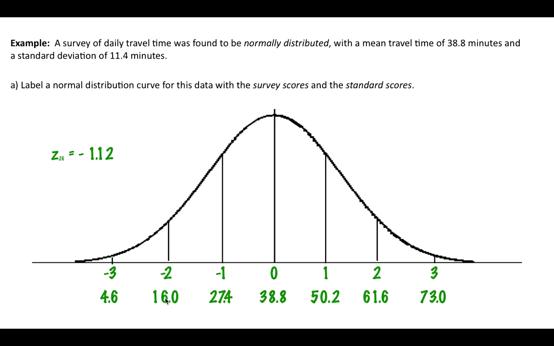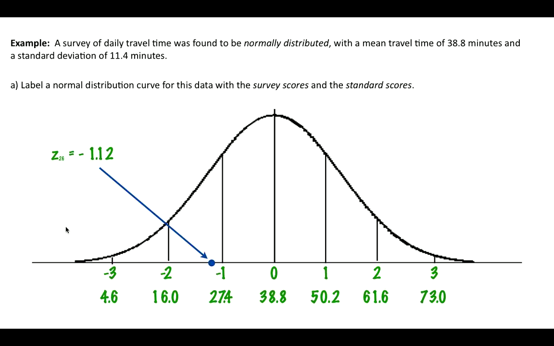But this isn't a very nice scale. 1.12, however, is a really nice scale. And so we can indicate that this right here is going to fall at this location. Whereas using 26, when I have 27.4 and 16.0, that's a tough scale to handle.